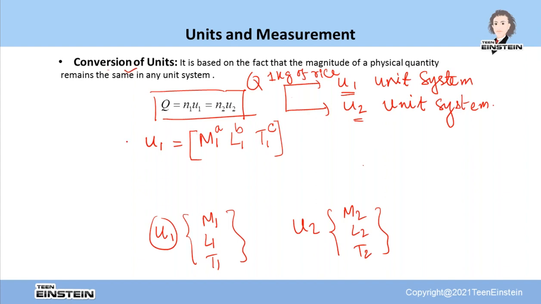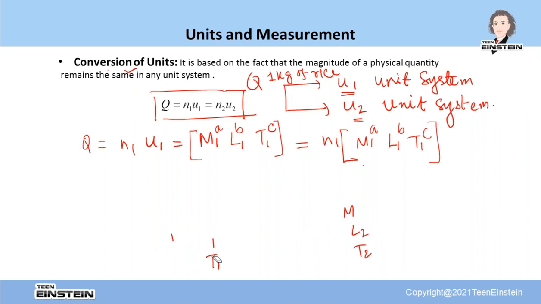U1. So then I can get Q is equal to N1 U1. That means I can write N1 into M1 to the power A, L1 to the power B, and T1 to the power C. In a similar manner, I can write in terms of the second unit system, U2.